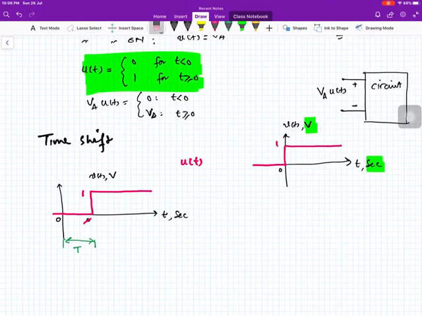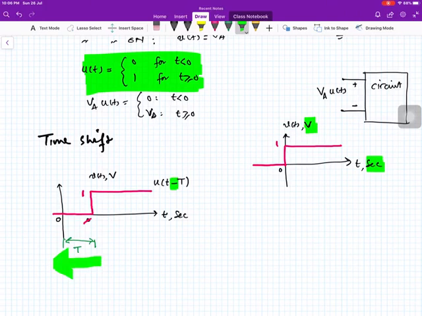Then the same unit step will be represented by u(t minus t). As we have this negative sign, it means we have shifted the origin to the negative side by an amount t.